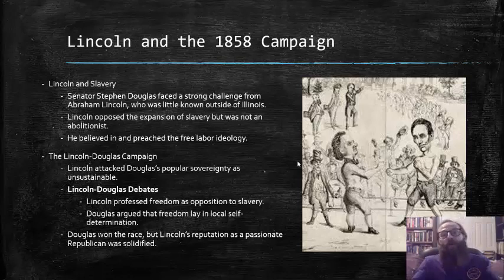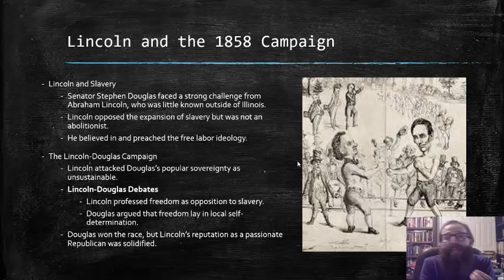Now, the campaign between Lincoln and Douglas was highly contentious, and Lincoln attacked Douglas's popular sovereignty as unsustainable, and of course used evidence from the episode of Bleeding Kansas to support that argument.